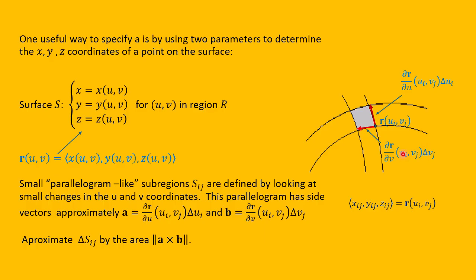So A is one side of the parallelogram and B is the other side, and we will approximate the area of this little subregion by the norm of the cross product of A and B.